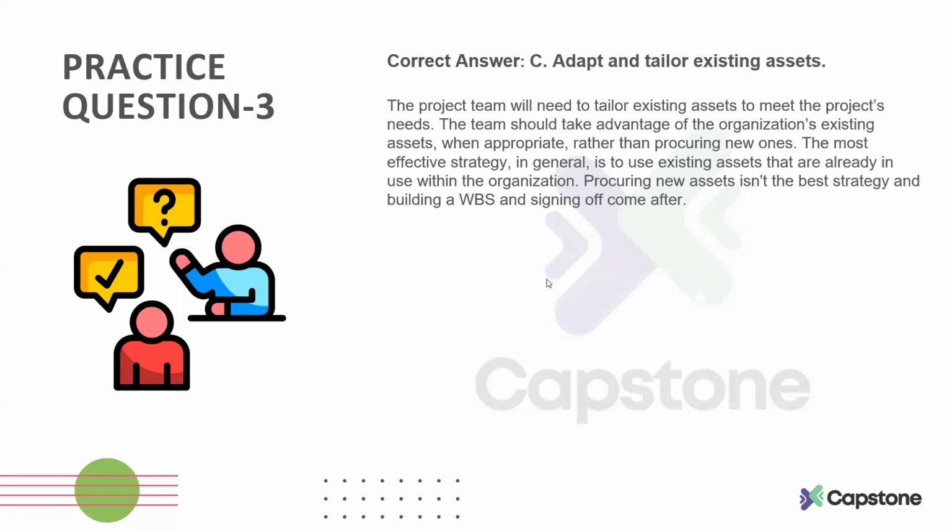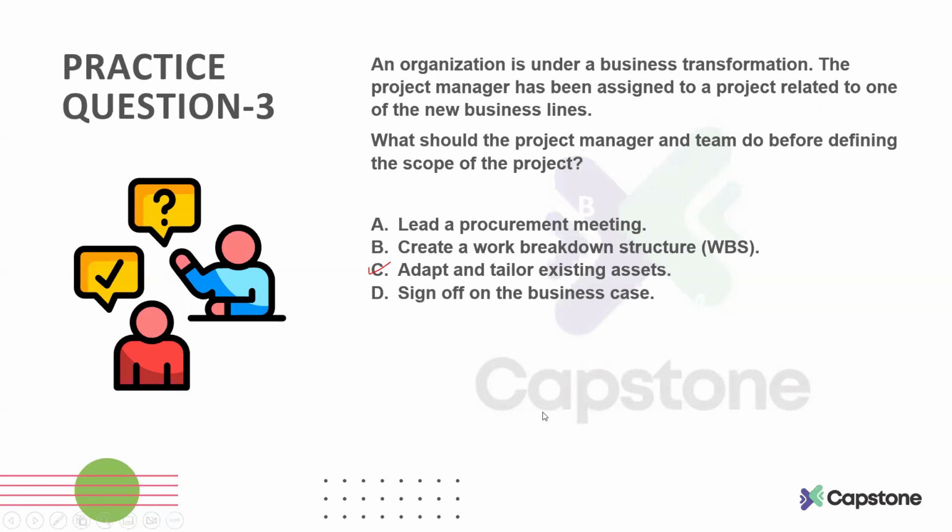As mentioned here, like creating a work breakdown structure and moving to the procurement part. Obviously, procurement will be done at a later stage, once you have the plan or you know what scope you are going to deliver and what resources you will be getting from outside the organization.